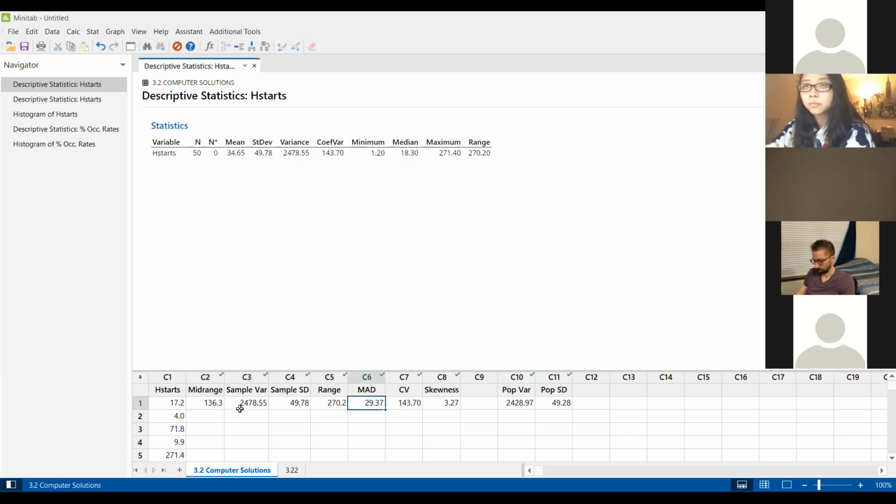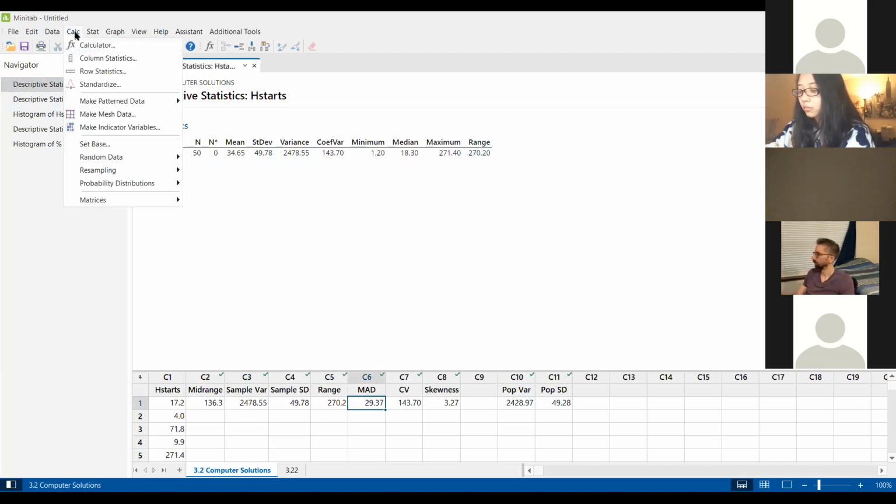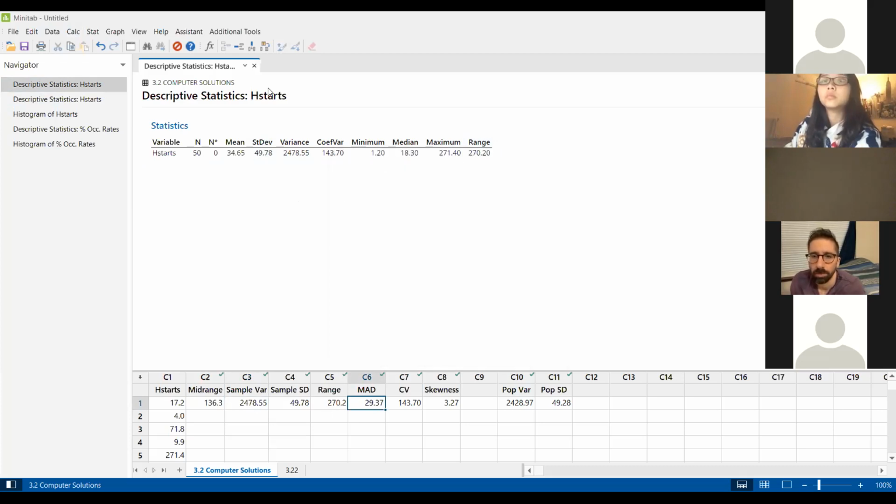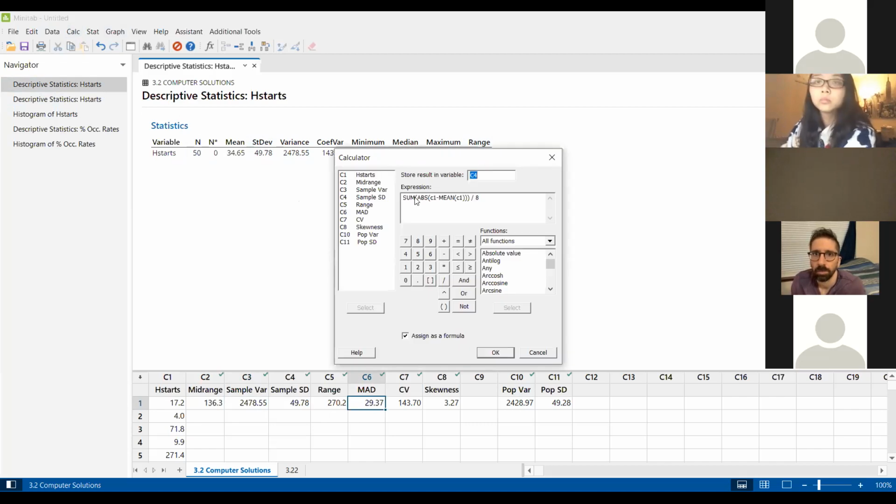Now, the math calculation, again, Minitab doesn't do that, but you can do it with Calc. So I have that in C6. So let me show you what it looks like. Hopefully, I did this correctly. Oops, sorry about that. C6.